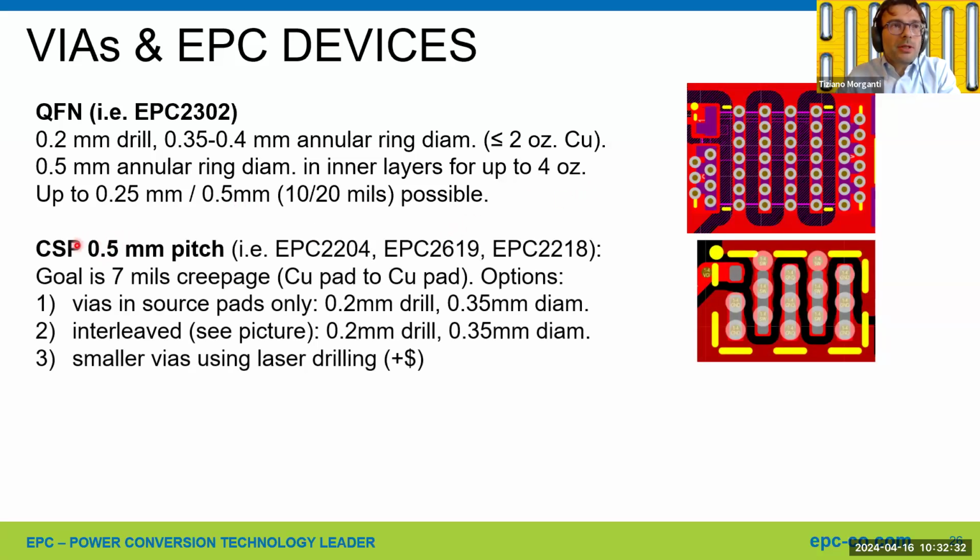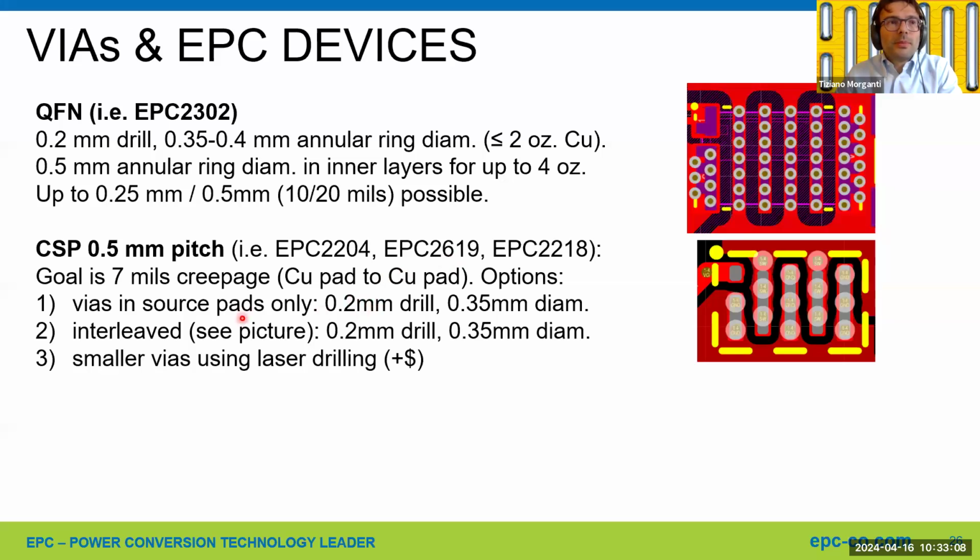Regarding chip scale package devices, we have 2 cases here. One is with 0.5 millimeter pitch, like the EPC2218 we were discussing before, or these other 2 very commonly used devices. The goal is to have 7 mils creepage copper to copper between pads. So it's challenging, but we have 3 options. We can place vias only in source pads or only on drain pads.